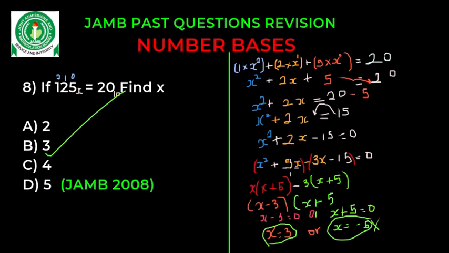The two factors were 5x and minus 3. Then we factorized, and we arrived at two answers: x equal to 3 or x equal to minus 5. But we are working with a base, and a base cannot be negative, so we picked the positive one, that was 3.